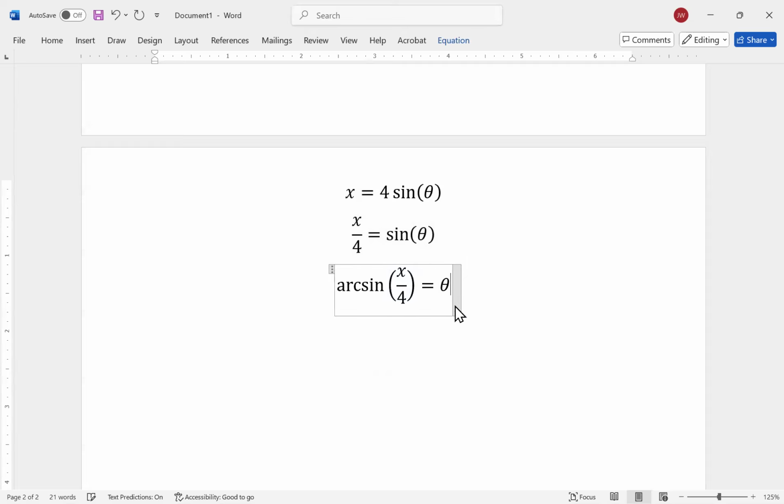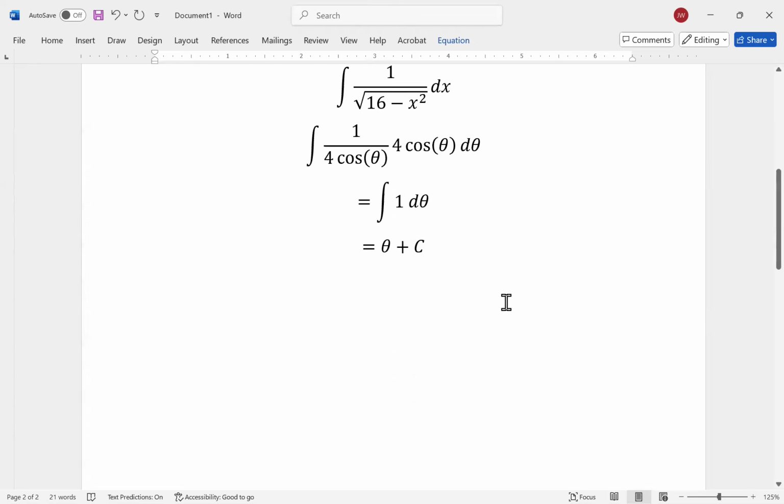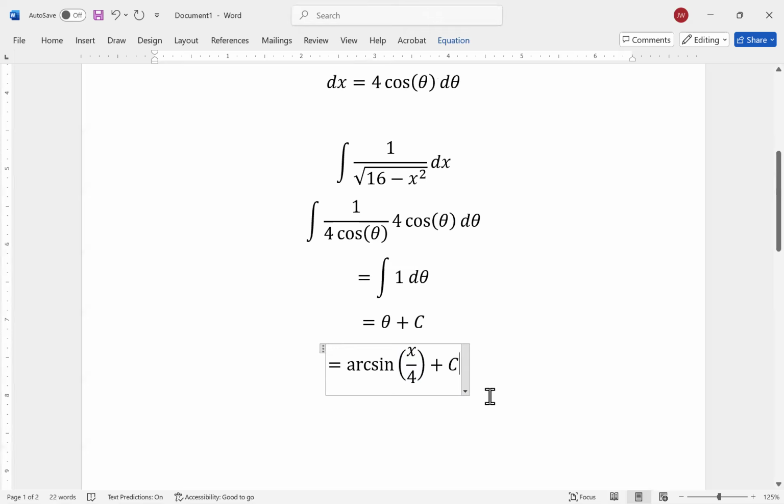So arc sine of x over 4 is equal to theta. And that means my final answer is the arc sine of x over 4 plus c is the antiderivative of 1 over the square root of 16 minus x squared.